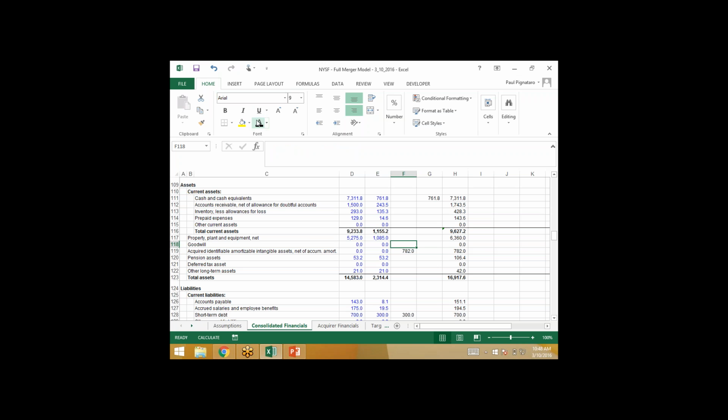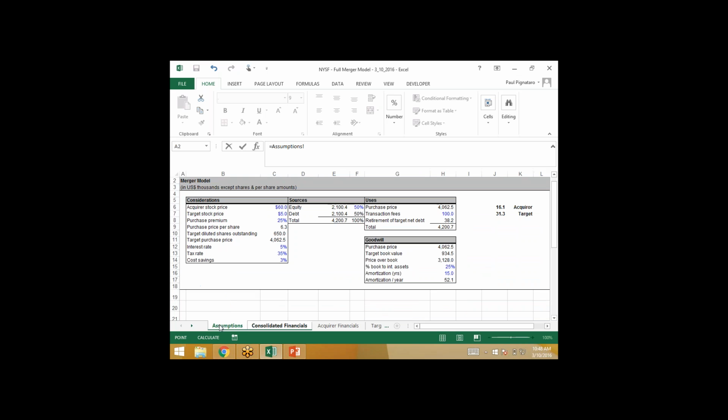The remainder is goodwill. So you can take the purchase price over book value minus this, or I think a more robust way to do it, here's the goodwill box, is going to be equal to the 3128 times 1 minus 25%. So that way, whatever percentage we have, it's the reciprocal. It's the opposite of that.